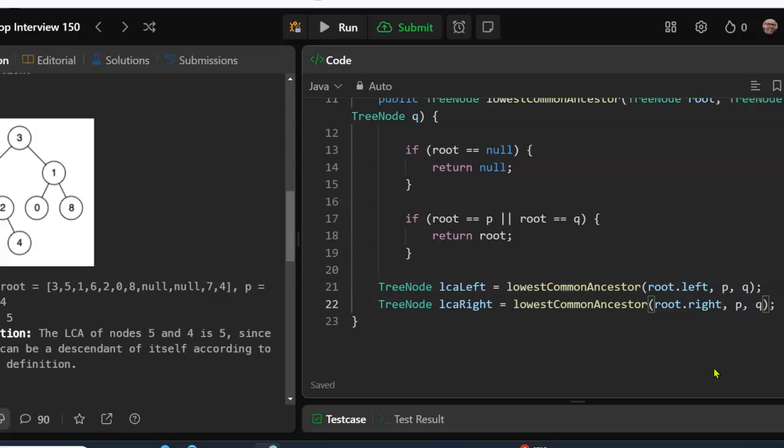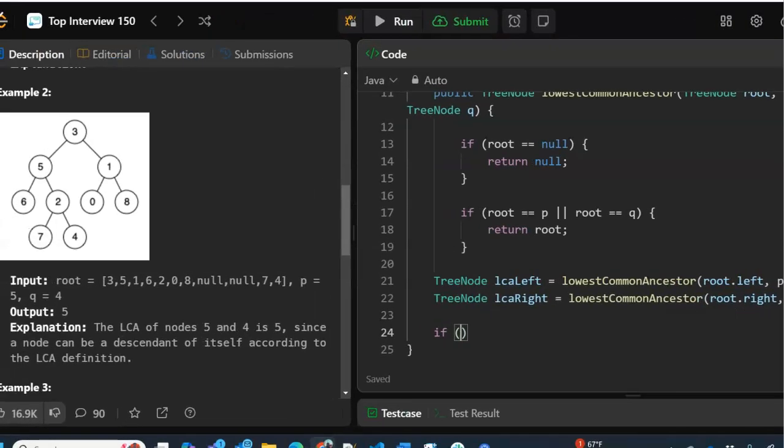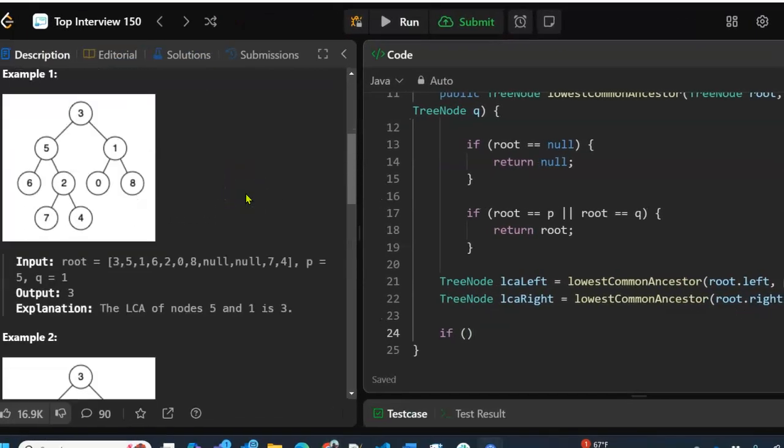If they both return non-null, now I'm where I want to be. Example 1. So we go here. That's not what we're looking for.